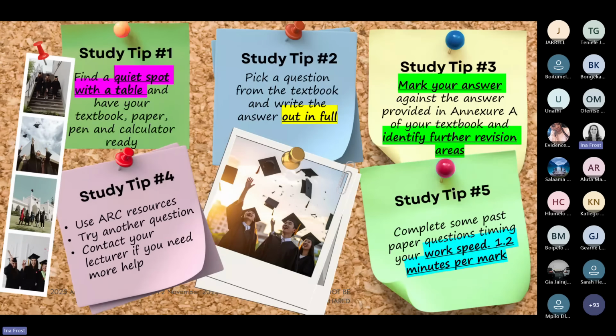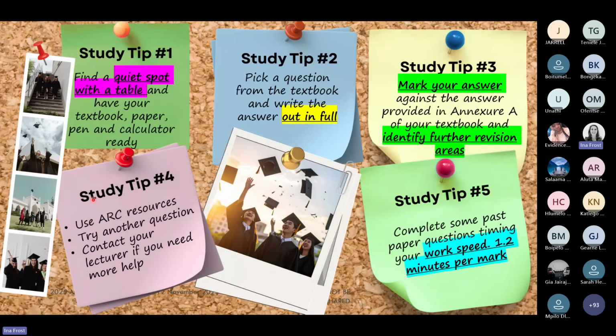In terms of what we are going to do before the exam, remember, you're going to find a quiet spot, preferably with a table. You are going to pick a question from the textbook and write your answer out in full with a pen on paper. Then you're going to mark your answer against the solution provided in Annexure A of the textbook and identify if you've got any weaknesses in those kinds of questions.